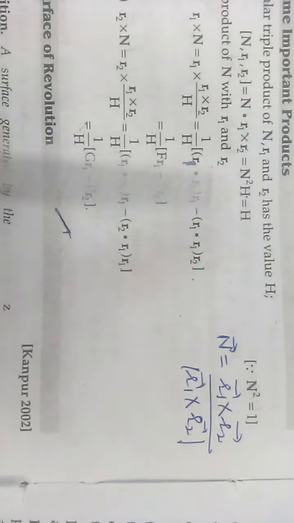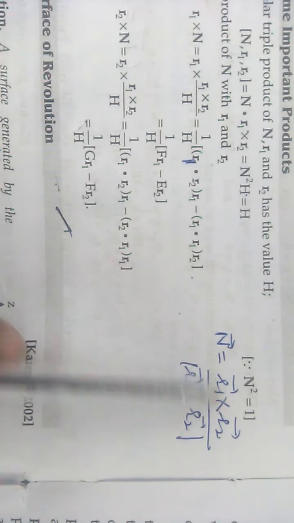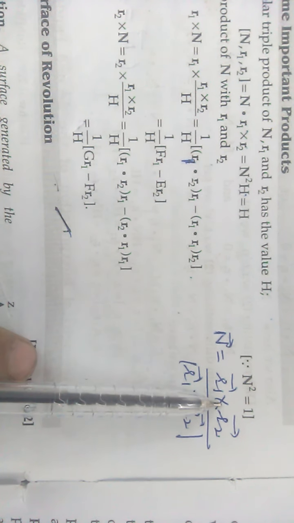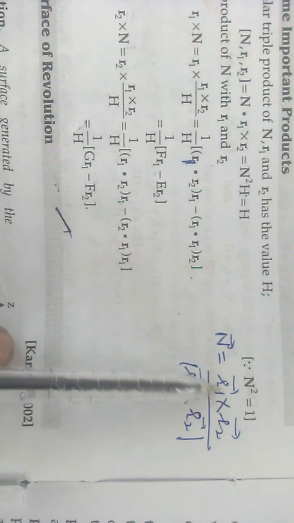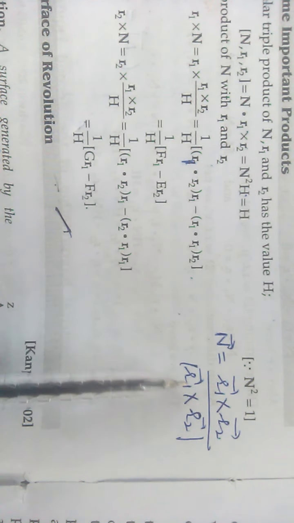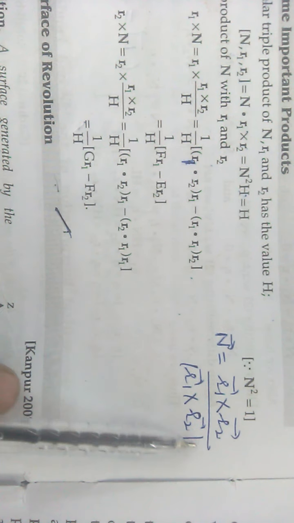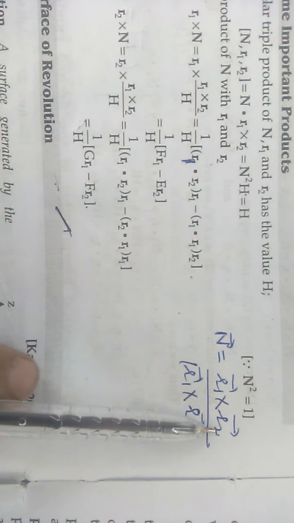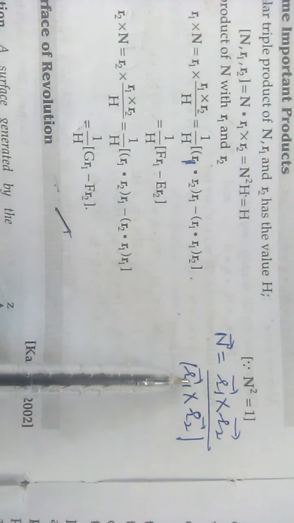Now r1 cross r2 we can find by the formula of the normal unit vector. The normal unit vector is given by the vector divided by its magnitude. The r1 cross r2 is a vector along n, and dividing by its magnitude, because this quantity is h, r1 cross r2 is vector n into h.